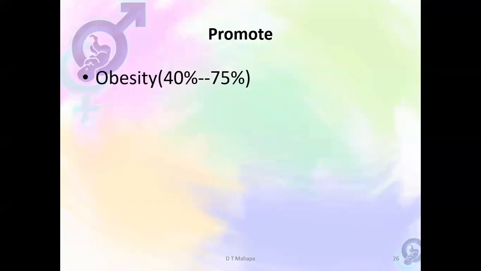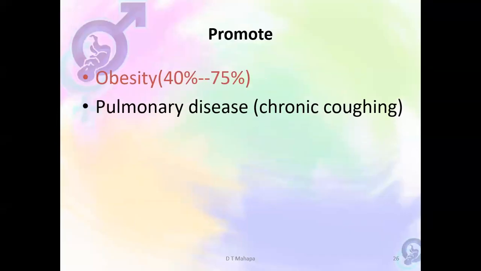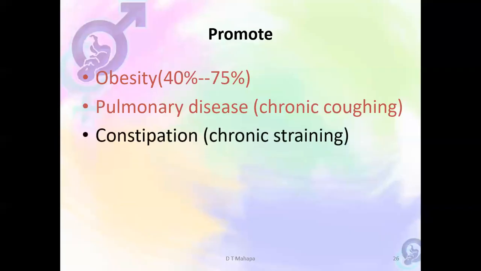Obesity is a promoter of pelvic organ prolapse. Obese people will have pelvic organ prolapse more than non-obese people because they've got increased intra-abdominal pressure, like chronic coughing, pulmonary disease. As you cough, you increase your intra-abdominal pressure. Chronic constipation: when you go to the toilet, you have to strain a lot.